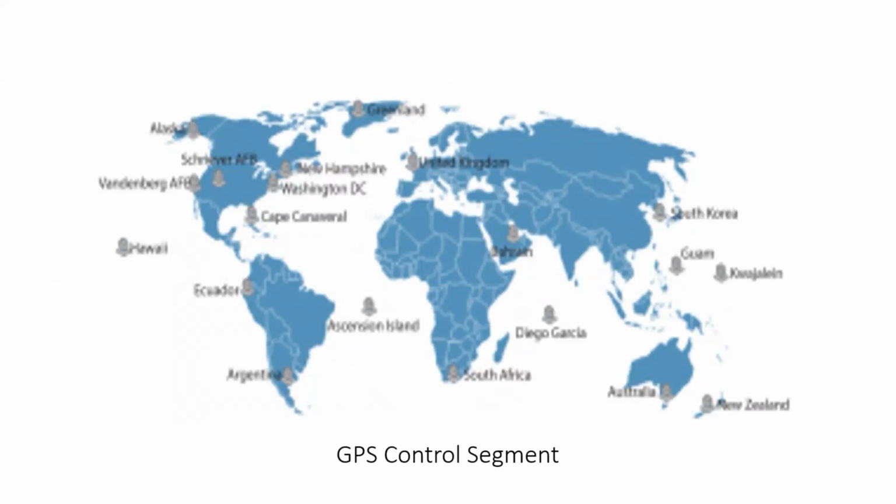These stations continuously monitor the satellites and the movement of the satellites, and also how the satellite signals are being sent to the user. If there is any error, any updates need to be given from the monitor stations of the control segment. These will be uploaded to the satellites so that users will get the corrected signals.